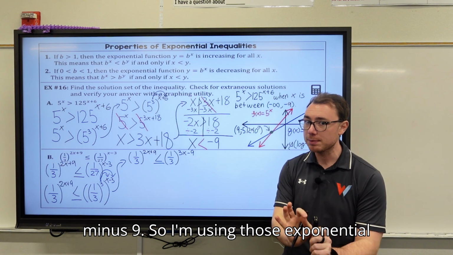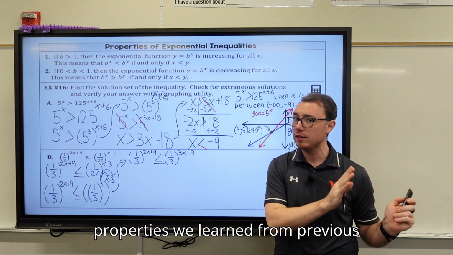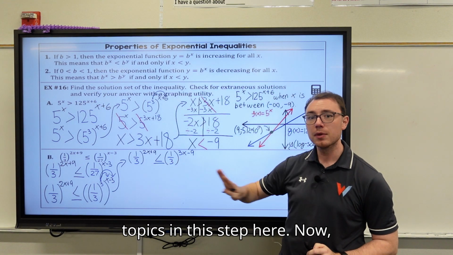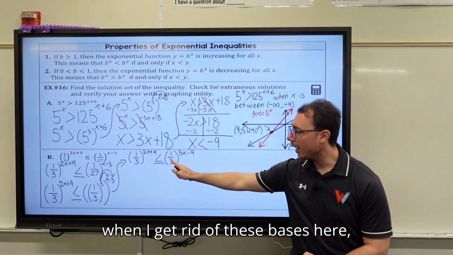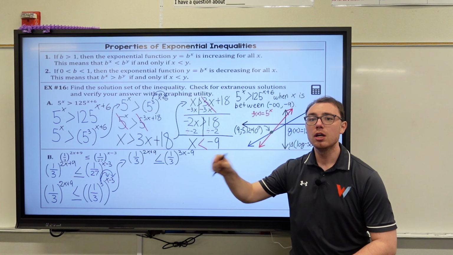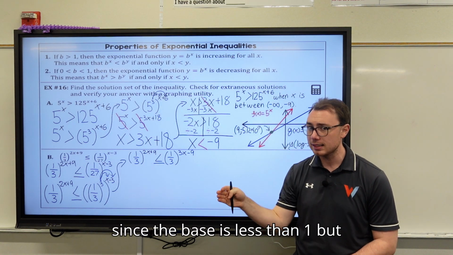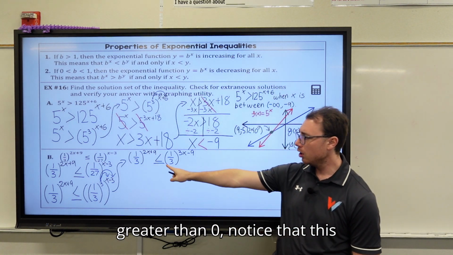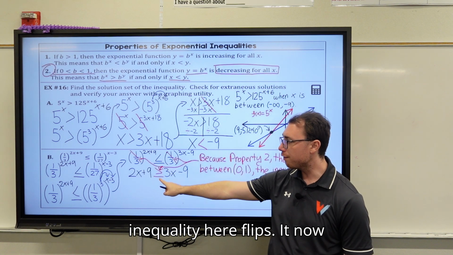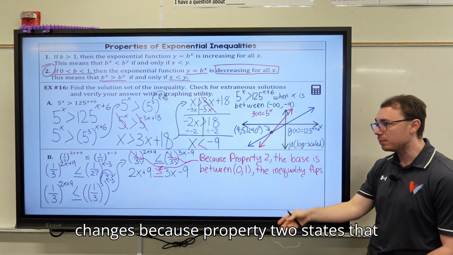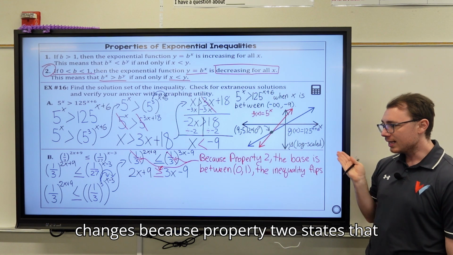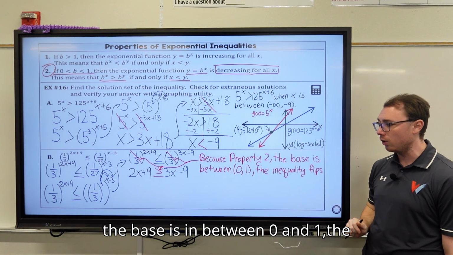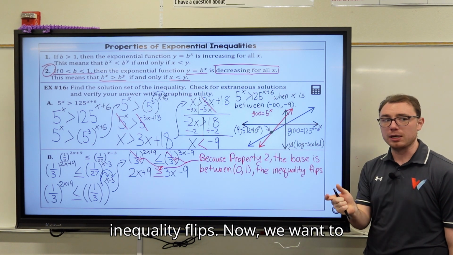So I'm using those exponential properties we learned from previous topics in this step here. Now, when I get rid of these bases, since the base is less than 1 but greater than 0, notice that this inequality here flips. It now changes because property 2 states that the base is in between 0 and 1, so the inequality flips.